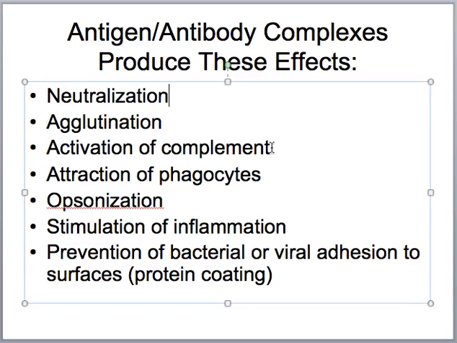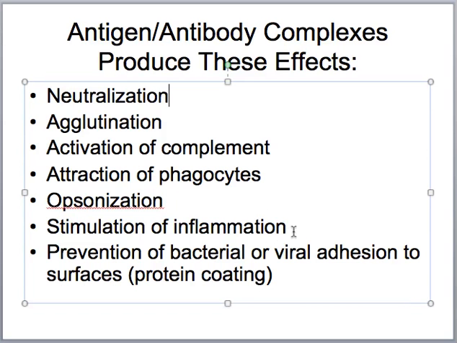And remember that antibodies have a place to bind complement, up under the little arms of the Y of the antibody. It will cause phagocytes such as neutrophils and macrophages to be attracted to the area. Opsonization means the enhancement of phagocytosis due to these antibodies and antigens binding together.